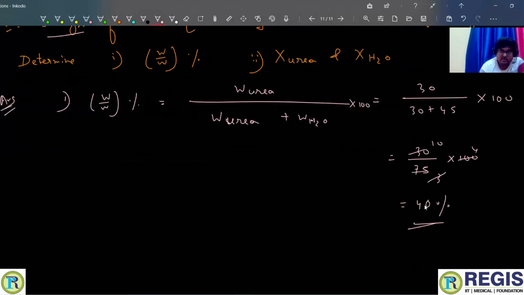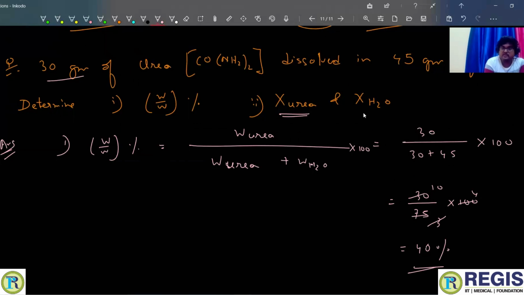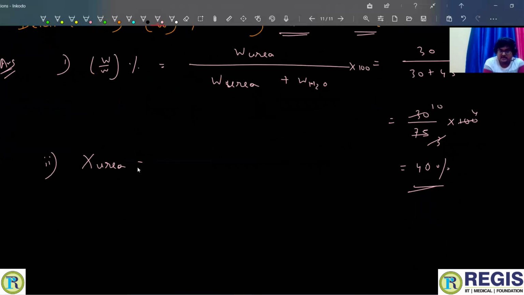Then you have to solve X of urea and X of water, which means mole fraction of urea and mole fraction of water. Now mole fraction of urea is number of moles of urea divided by number of moles of urea plus water.